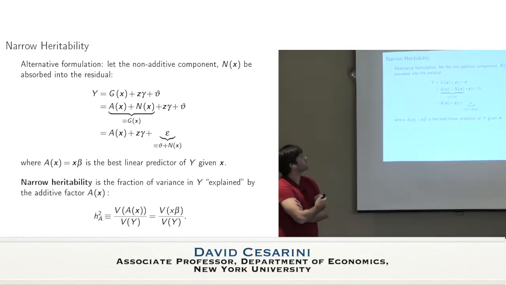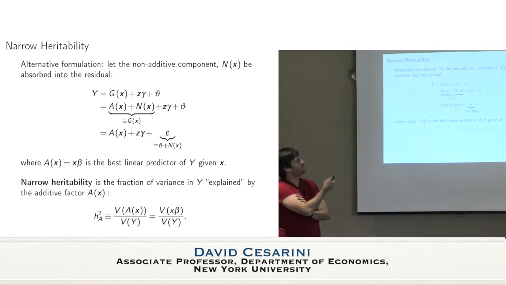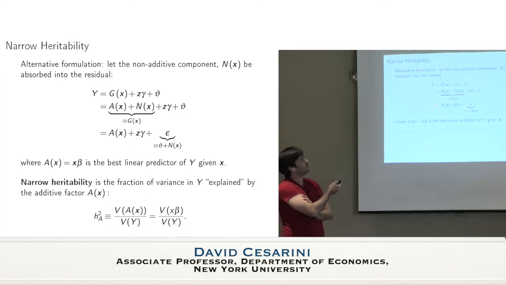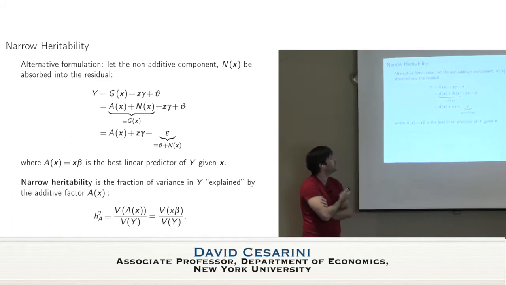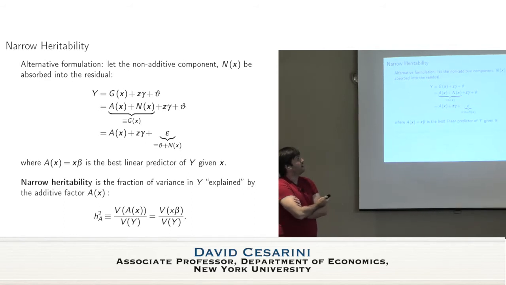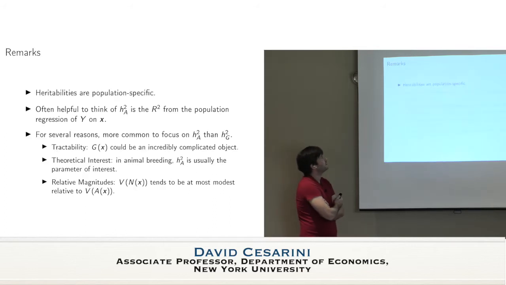And we can take Dan's causal model and just rearrange it so that we put the non-additive part into the residual, so that now we have the additive part plus the covariates plus the residual that we redefine so that it absorbs the non-additive part. With that alternative formulation, we define narrow heritability as the variance of this a(x) object over the variance of y. Okay.